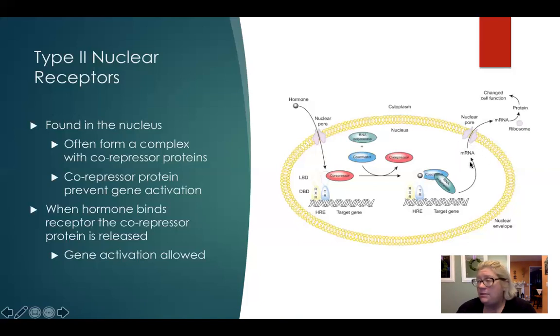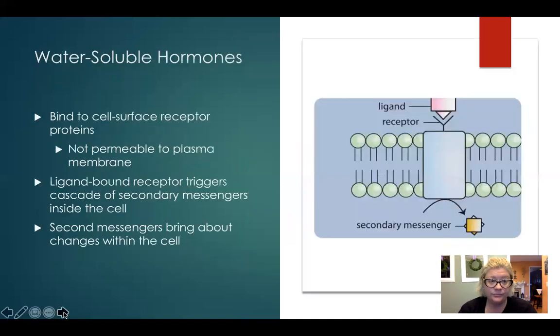And then the same thing's going to happen. The mRNA is going to leave and move into the cytoplasm. It's going to attach to a ribosome, and it's going to undergo translation and produce a protein. And then that protein is going to bring about some sort of change within the cell itself. All right, so that is what happens with lipid-soluble hormones.